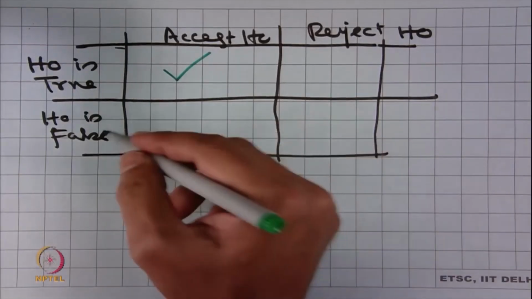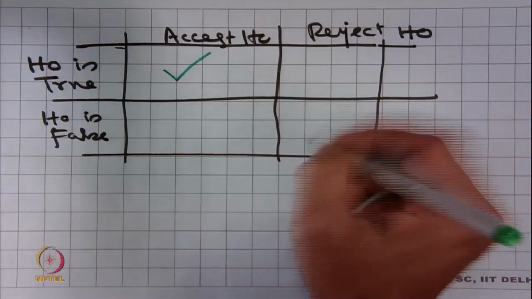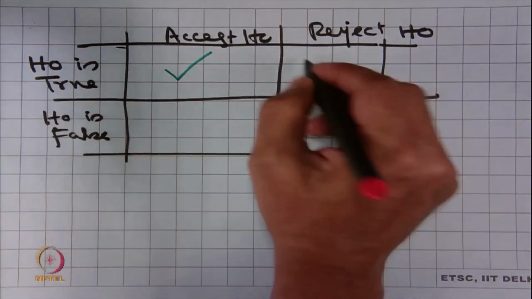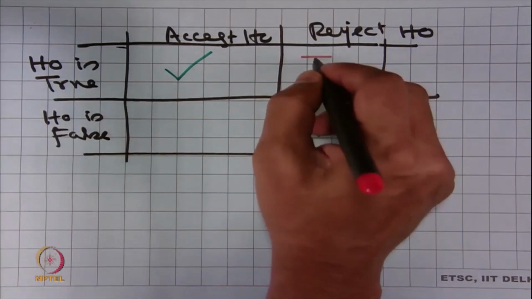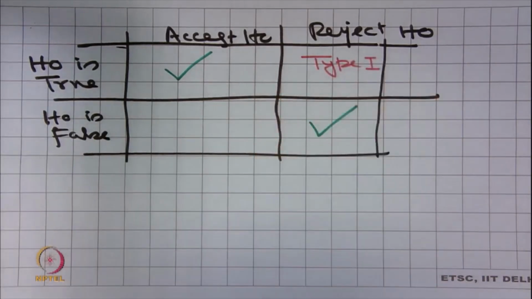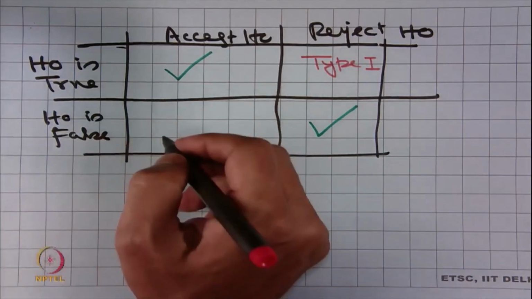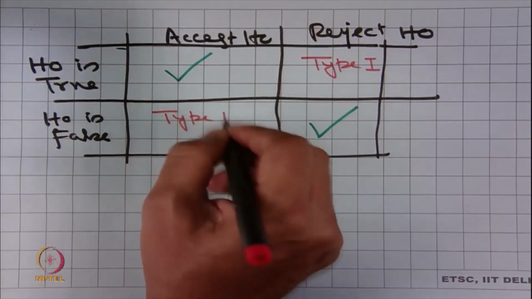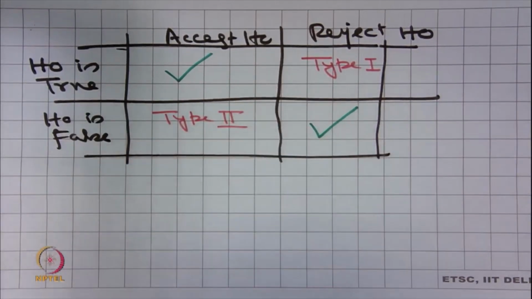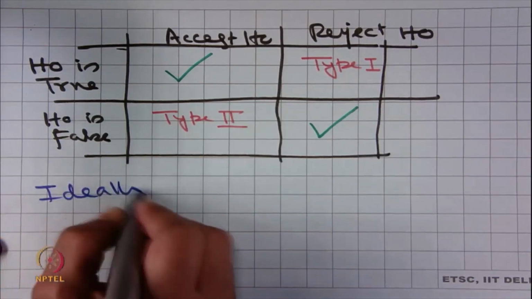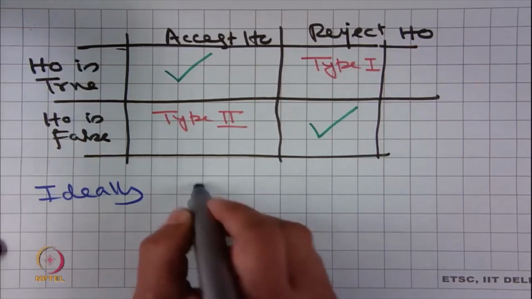When H naught is false and we are rejecting H naught, we are making another correct decision. But if H naught is true, but we are rejecting, we are committing type 1 error. If H naught is false, but we are accepting, then we are committing a type 2 error. Ideally, we would like to minimize both the errors.